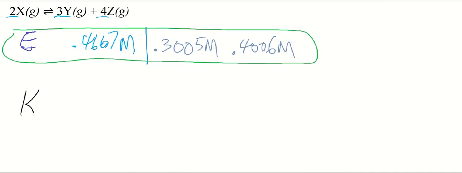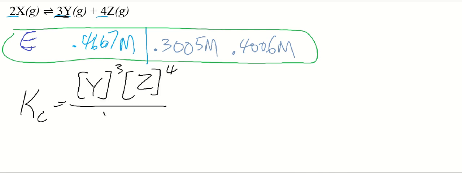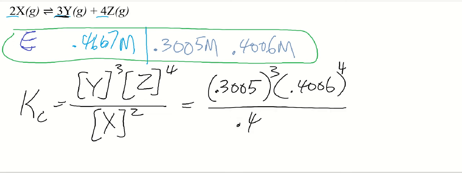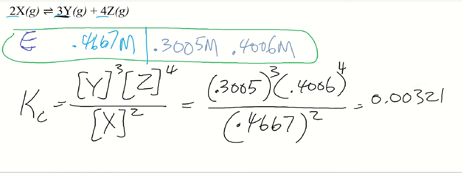To solve for Kc, I'll write this out here: 0.3005 cubed times 0.4006 to the fourth, divided by 0.4667 squared. That gives 0.00321, and we're going to use scientific notation. That's going to be 3.21 times 10 to the negative 3.